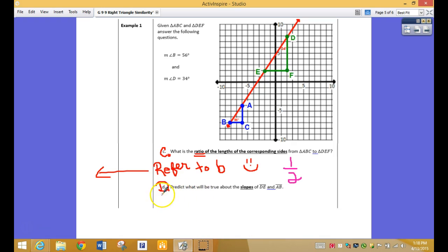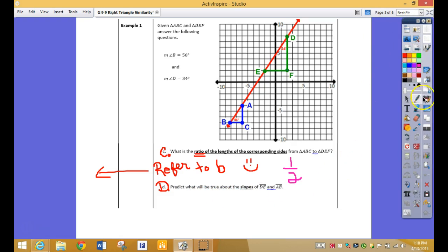Now, who wants to predict what will be true about the slopes? So you're looking at this slope right here and this slope right here. What do we know about these slopes on these right triangles that we just figured out? What could we say about them? They are, there's a couple different words we could use.